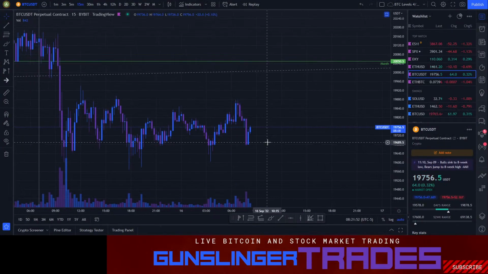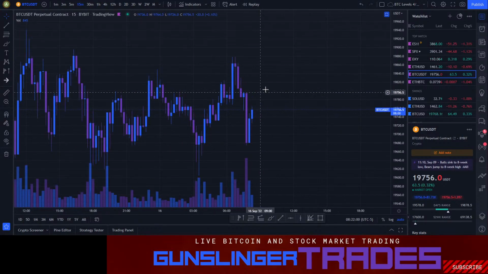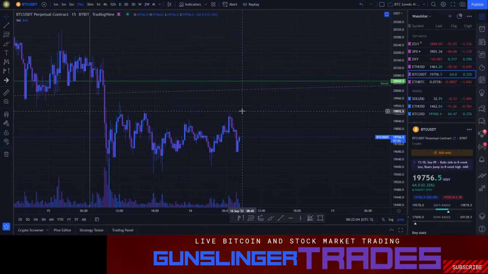But yeah, we'll see what happens here. I don't really expect too much of a pumpage today. I wouldn't be surprised if we range, and then tomorrow we'll see a pumpage on low volume maybe. I don't know, that's just me guessing right now. But this range is holding up pretty well.